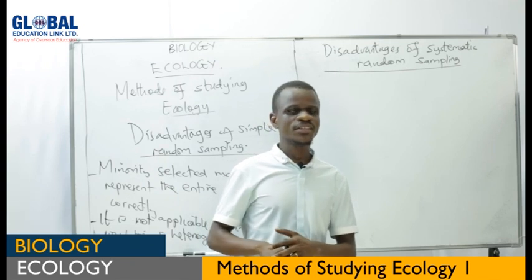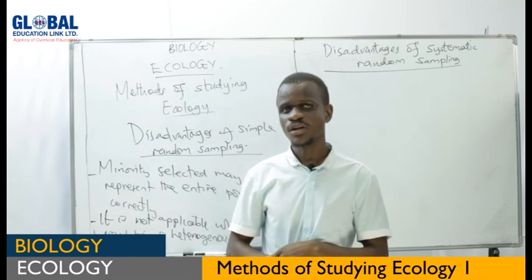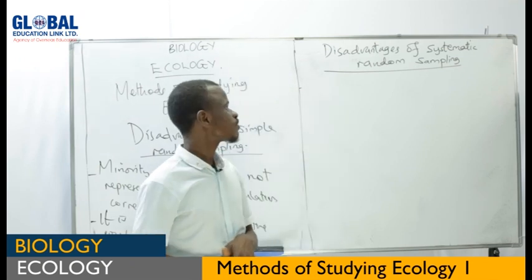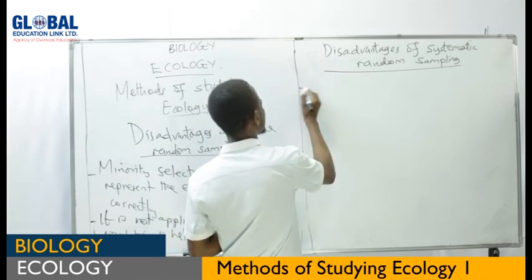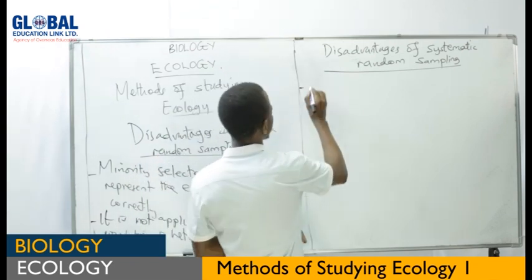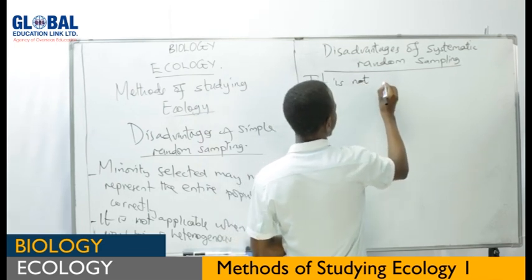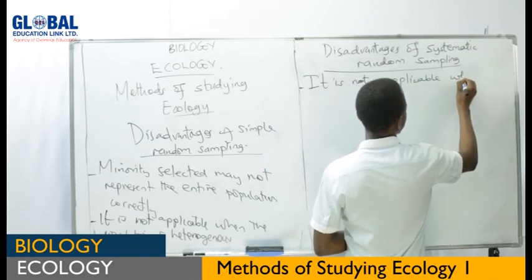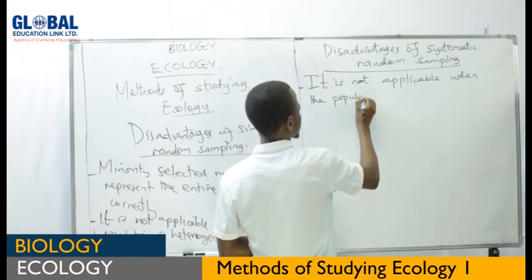As previously I said, in systematic random sampling, a sample is selected at a regular interval. You must have a starting point. What are the disadvantages of using this? Really, it is also not applicable when the population is heterogeneous.